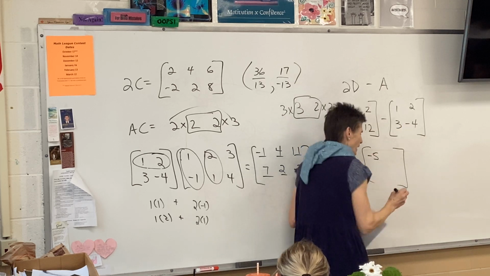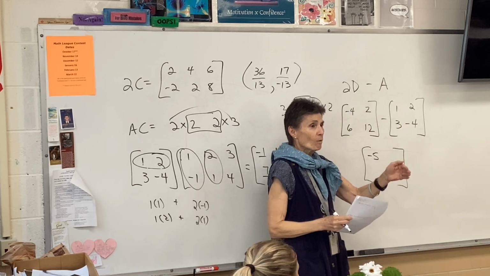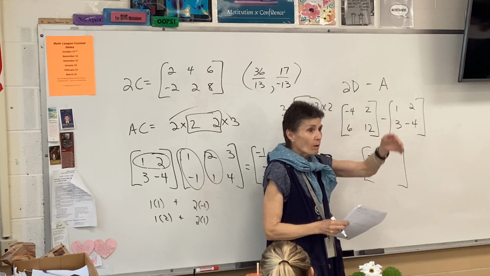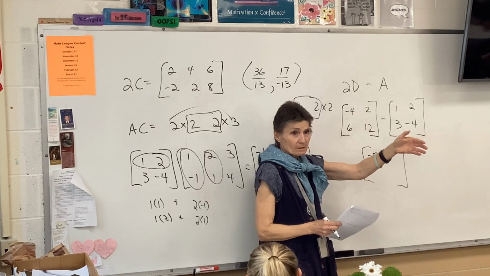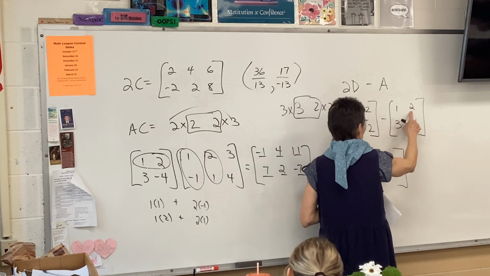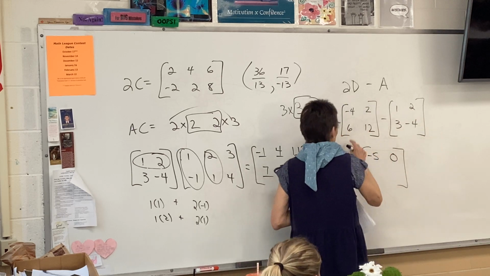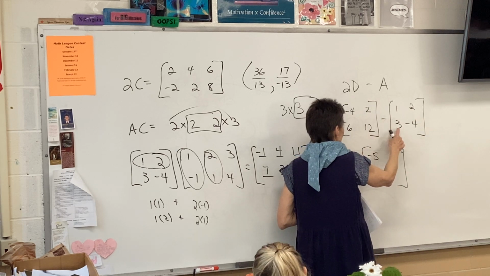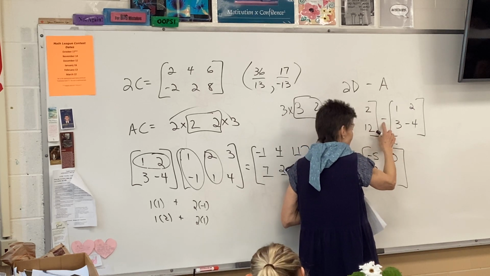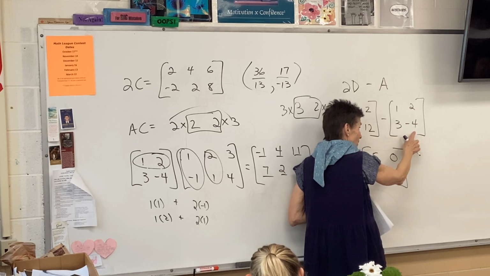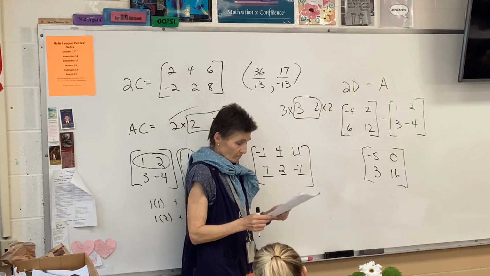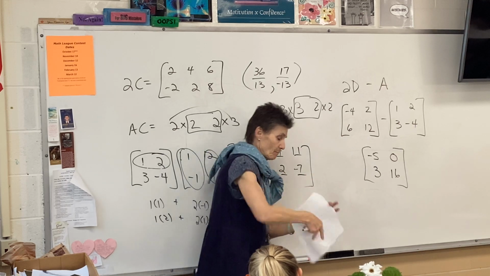Negative 5. That's a negative 4 and a negative 1. 2 minus 2. 0. Yes. 6 minus 3. 12 minus negative 4. 16. And that's it for that page.